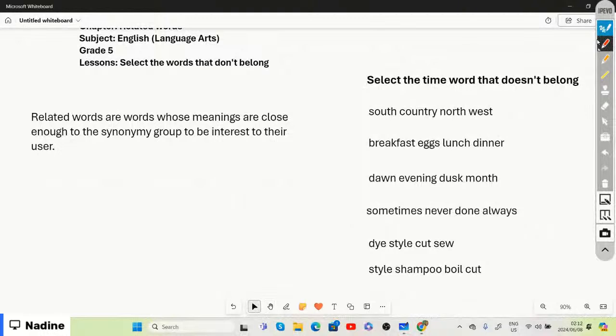So we're going to identify the word that does not belong in that specific group. For example, the first one says south, country, north, west.